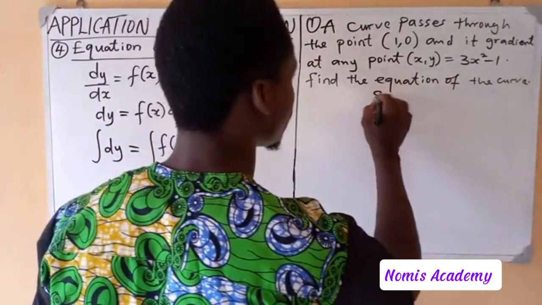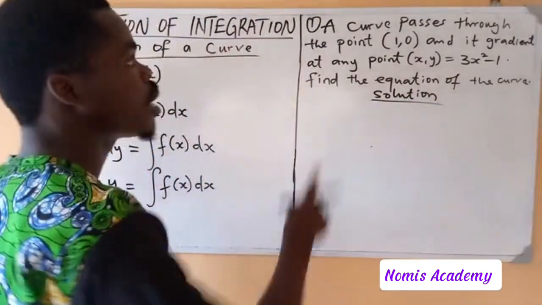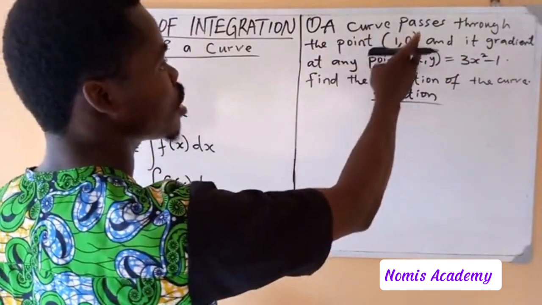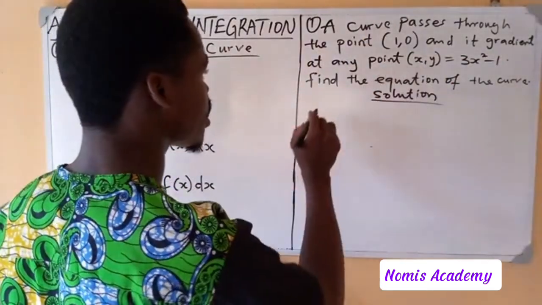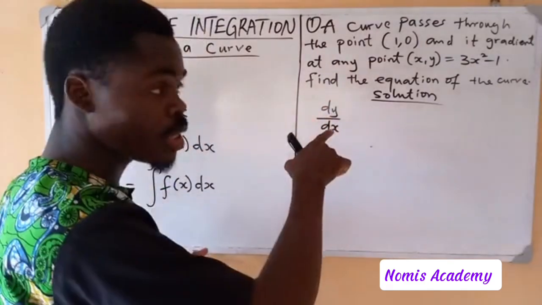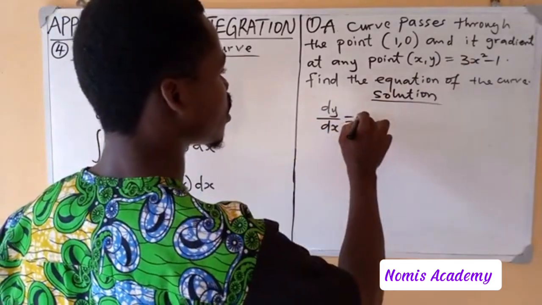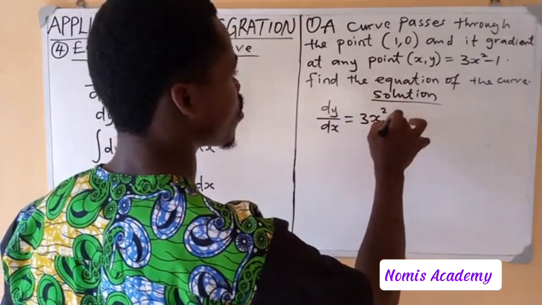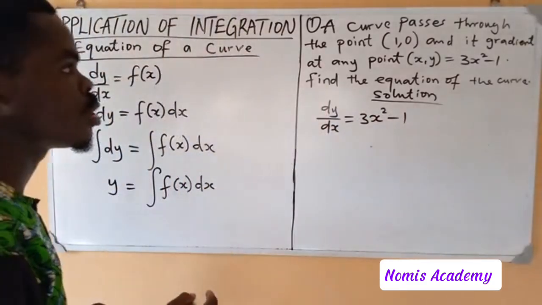So a curve passes through the point (1, 0), and its gradient at any point, that is dy/dx, is 3x squared minus 1. We are asked to find the equation of the curve.